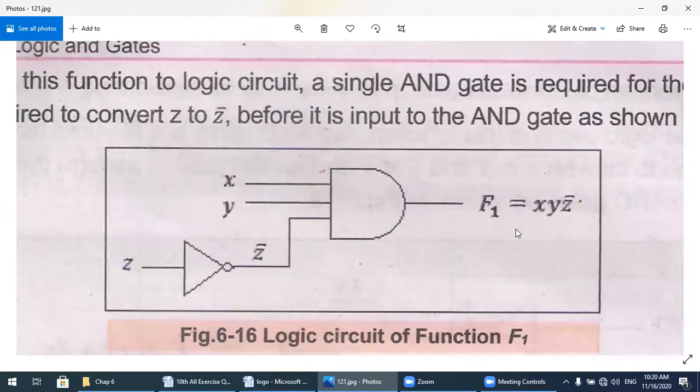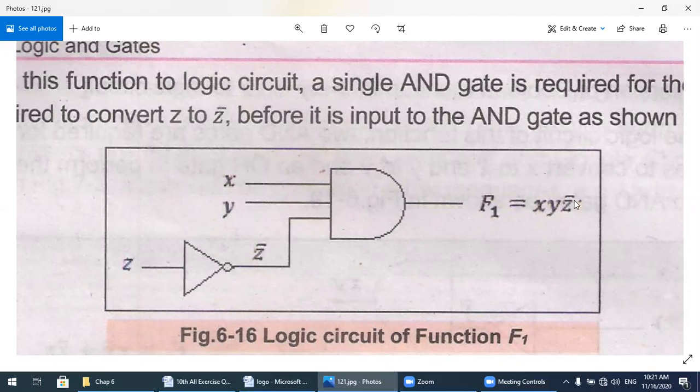As you know, the equation was x, y, z complement. X and y are simple, meaning there is no complement on x and y, but there is a complement on z. So x and y are simple, and when z passes through the NOT operator, it becomes z complement.